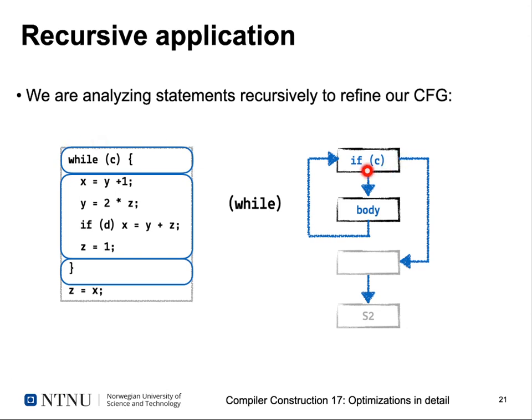So we have if C. If the condition is no longer true, we add this empty basic block at the end of our loop and then fall through to S2, which we generated in the step before. And if our condition C is true, we just add something that represents the body of our loop, and we know at the end of our loop body we jump back to the beginning of our loop to then check the condition again.